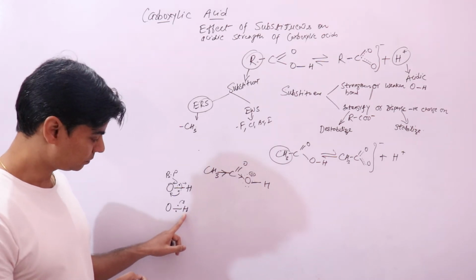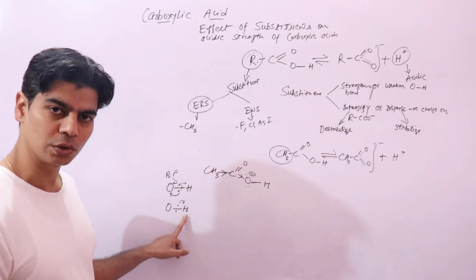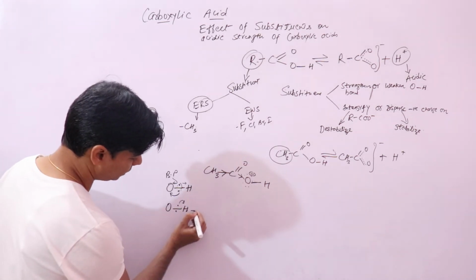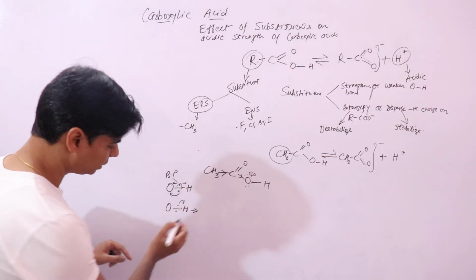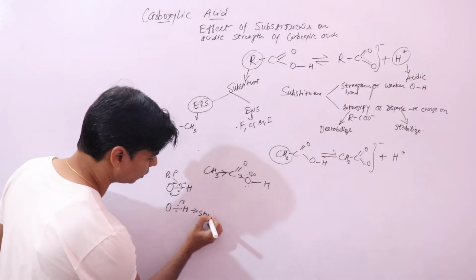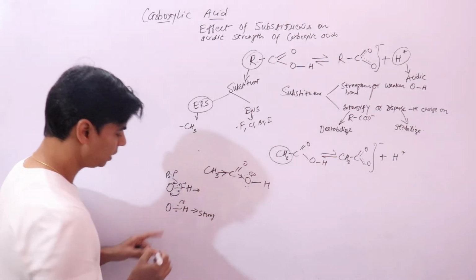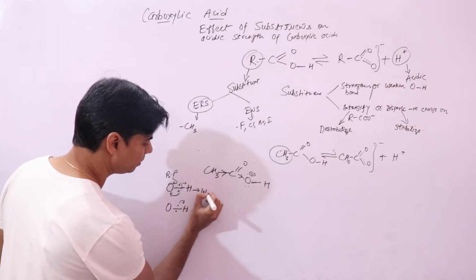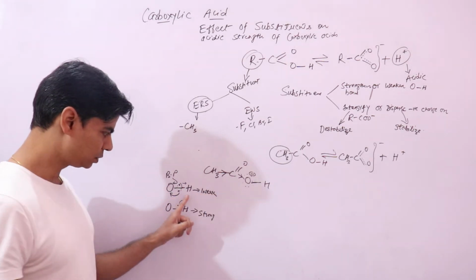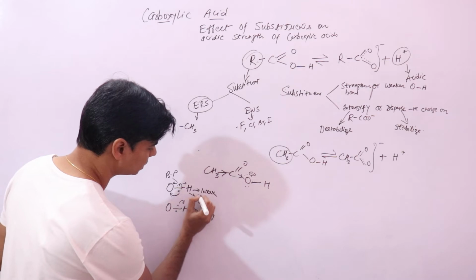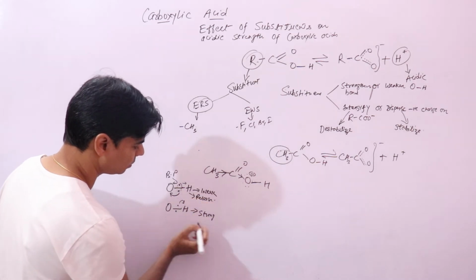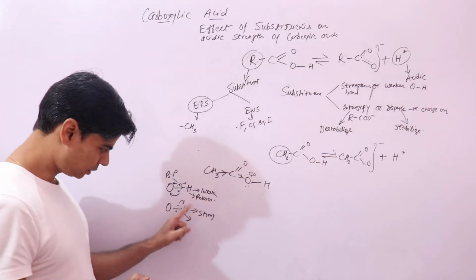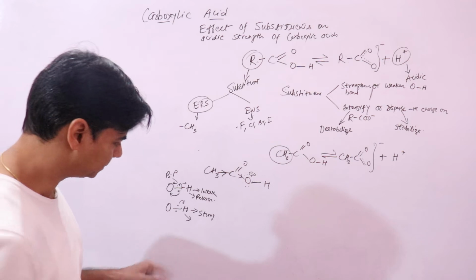It will attract the hydrogen atom more strongly, so this bond will become a strong bond. And when this bond pair moves towards the oxygen atom, this bond will become a weak bond, and this hydrogen atom can be released easily. Here, this hydrogen atom would not be released easily.